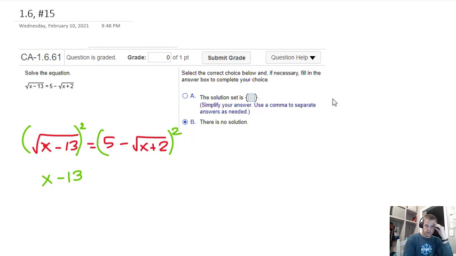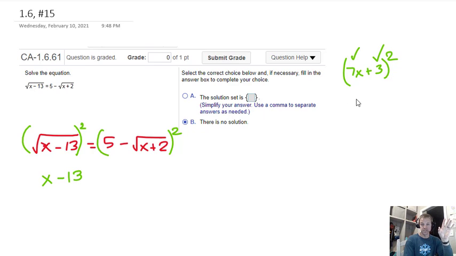So just a little review here of a thing that I find students are not normally good at. Let me get some totally different numbers here: 7x plus 3. If you square that, the common mistake is that some students think, oh, I'm going to square that, and then I'm going to square that, and I'm done.